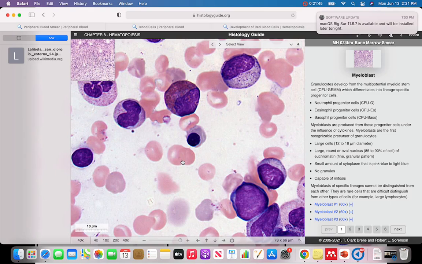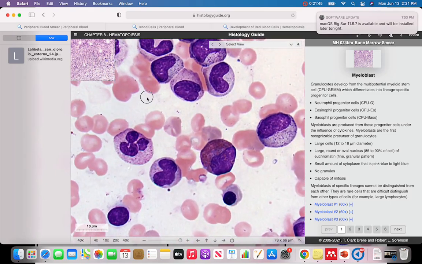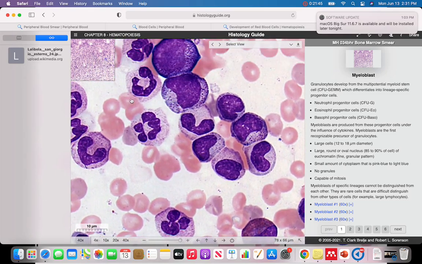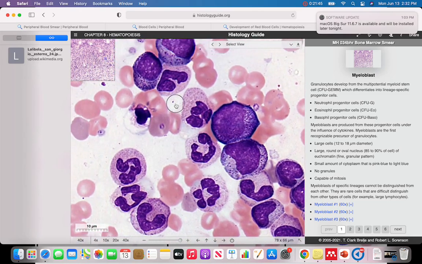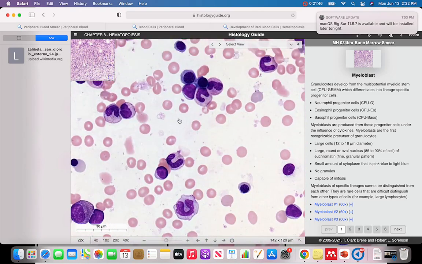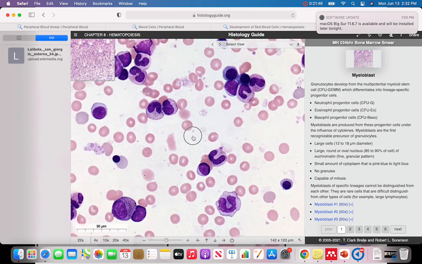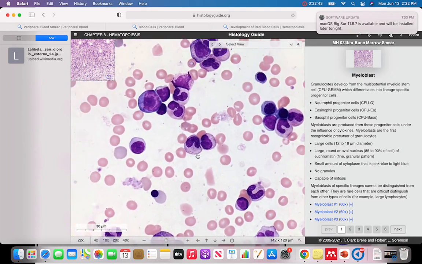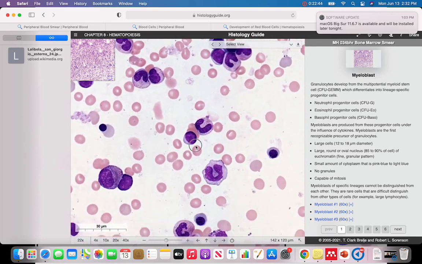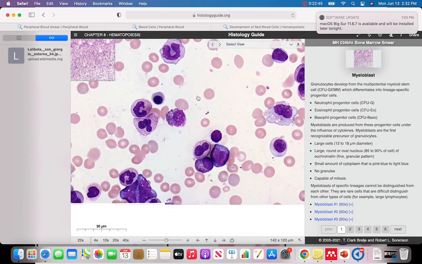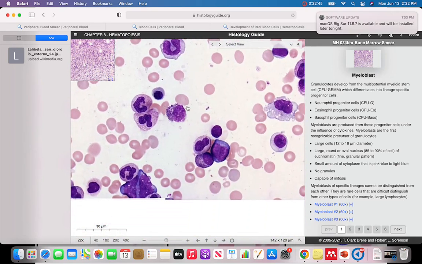Now let's look for basophilic myelocyte and metamyelocyte. Here we have a basophilic myelocyte.